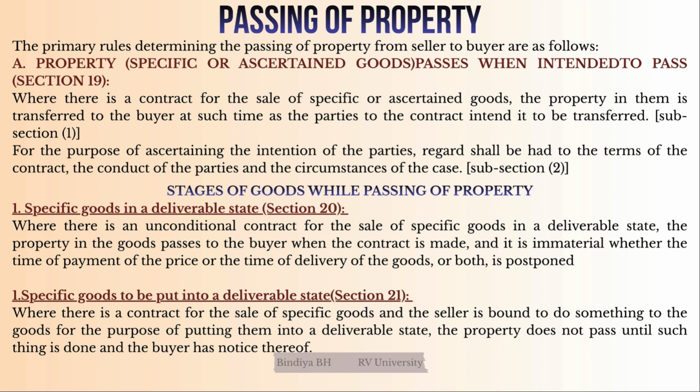Okay. Now let's understand rule number 2. Rule number 2 is when specific goods are not in a deliverable state. In such a case, ownership passes only after the seller does something to put them in a deliverable state and the buyer has notice of it. Very important, the buyer should also have the notice after the goods are put into a deliverable state.